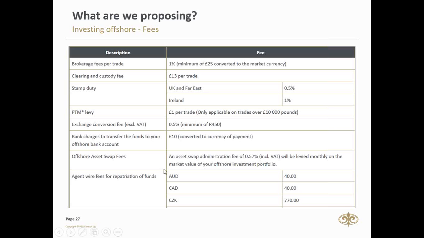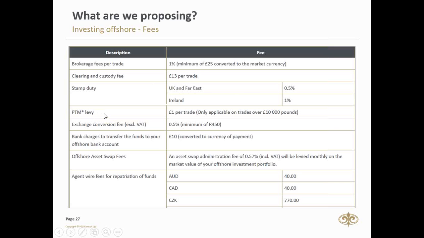From a fees point of view, obviously there are different fees. You can look at this: 1% brokerage with a minimum of £25. We trade through SocGen. You can see all the different criteria. Clearing and custody fee £13. Stamp duty. There's a PTM levy.